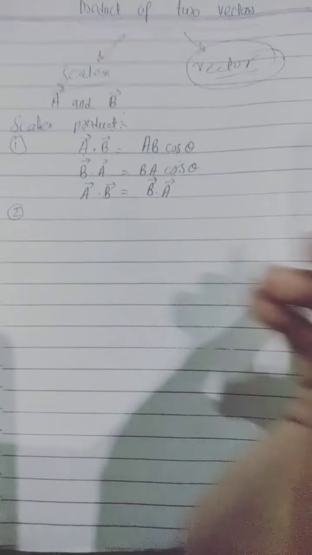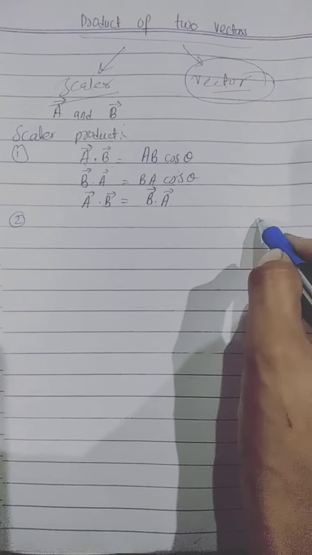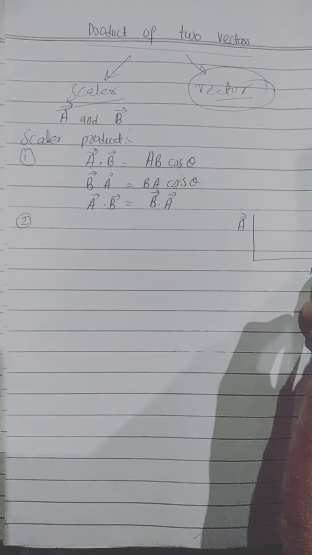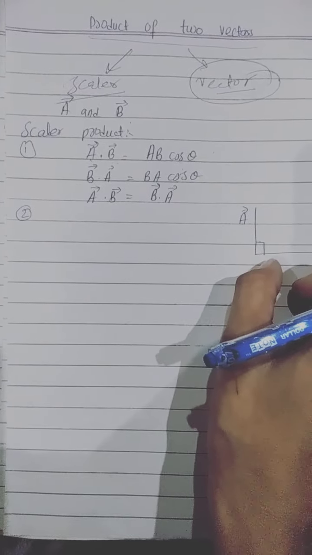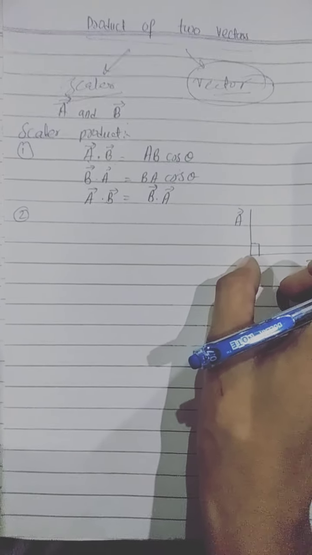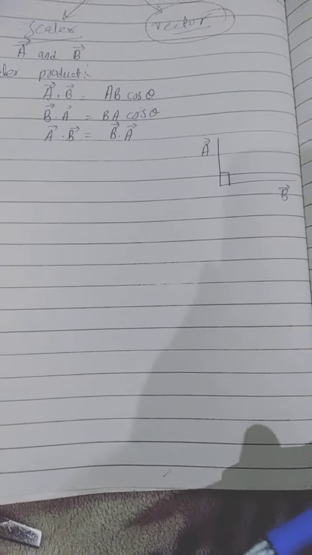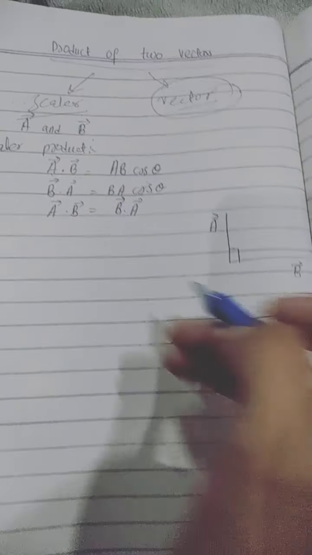The scalar product of two mutually perpendicular vectors is 0. If two vectors are mutually perpendicular to each other, for example, this is A and this is B, then the scalar product or dot product is 0.